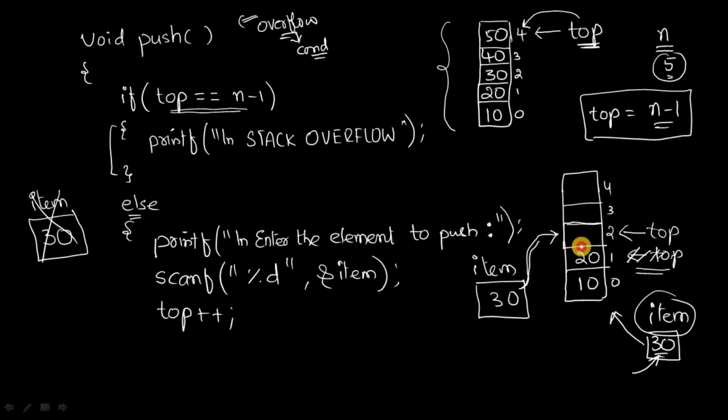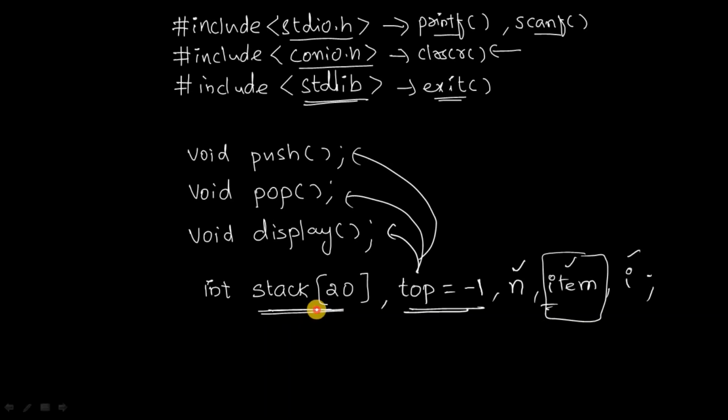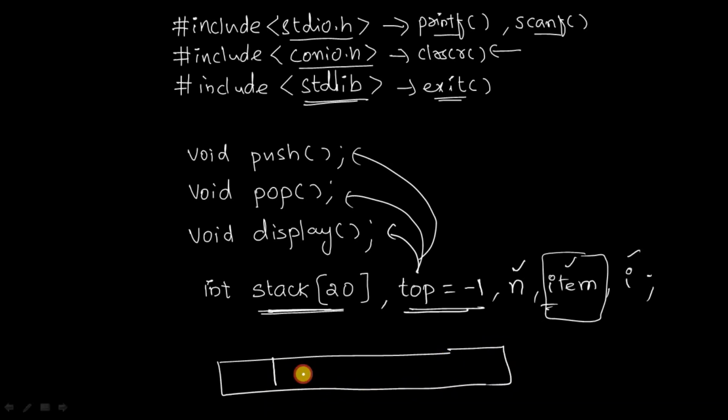My question is, how can you refer to this box? See, come to this point. This is a stack, right? I am taking it like this. This is an array. I am not drawing all 20 elements. So what is the first element?